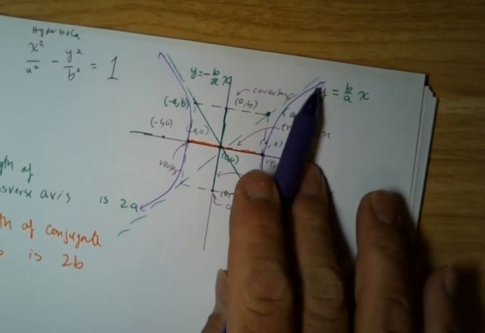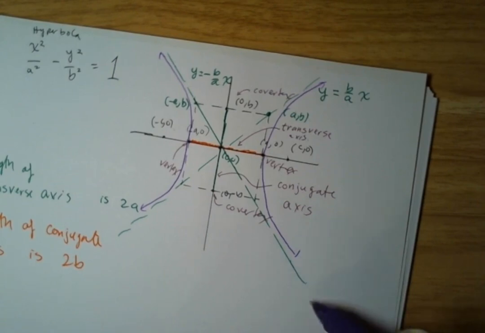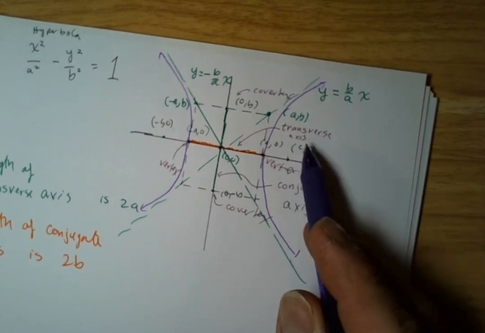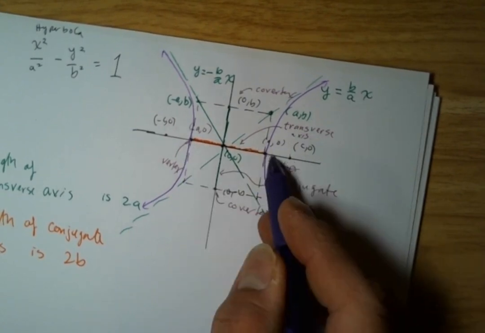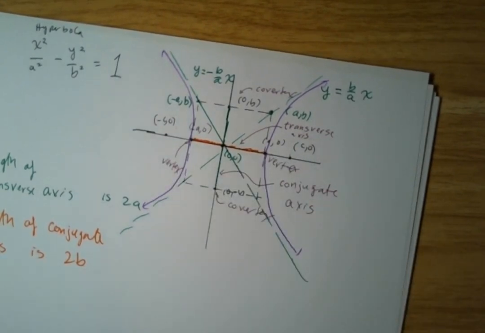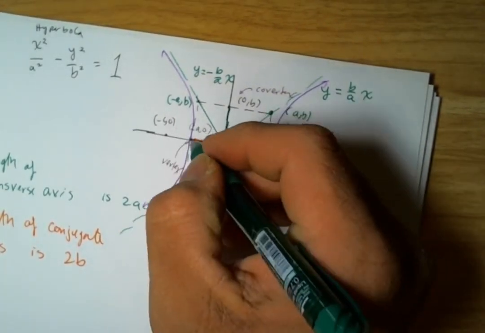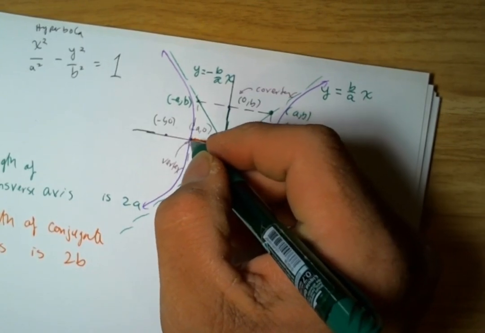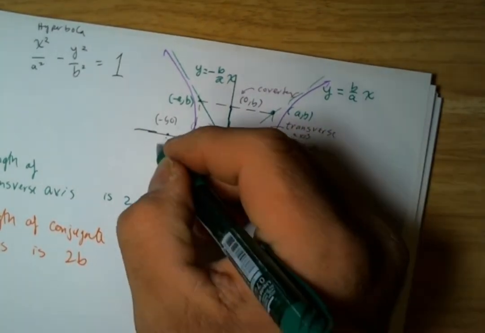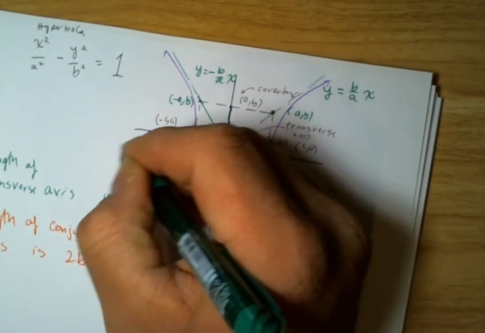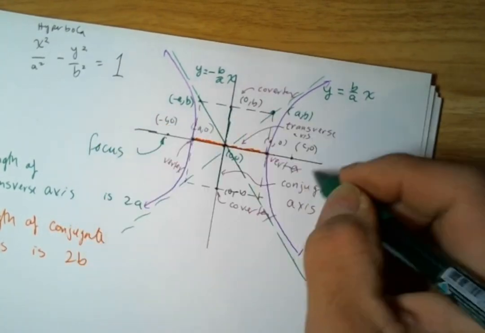But this is our actual graph here in purple. Again, the vertices are here and here. And then we also have foci, to the left here at minus c and to the right here at positive c. So this is a focus, and there's one on this side as well.